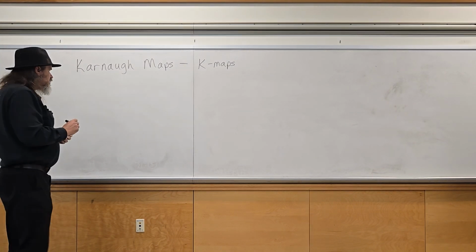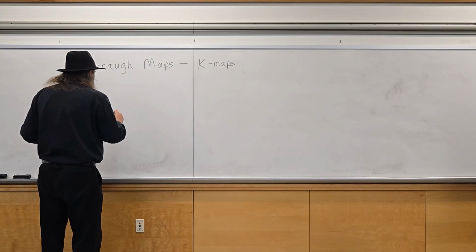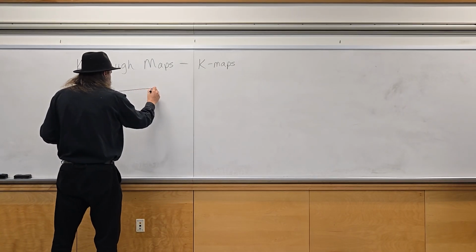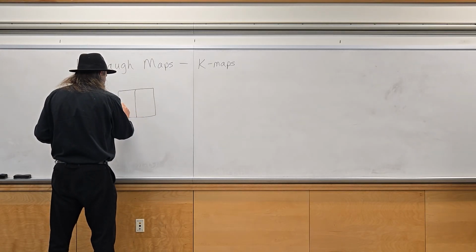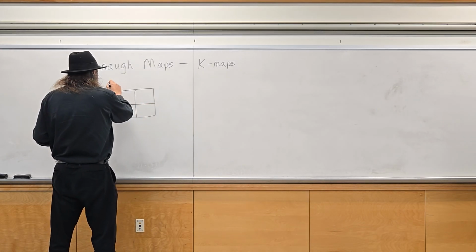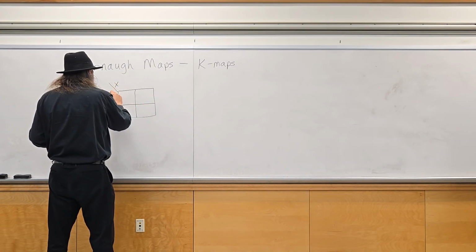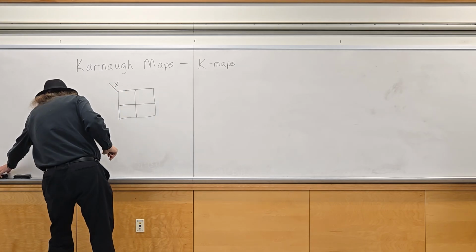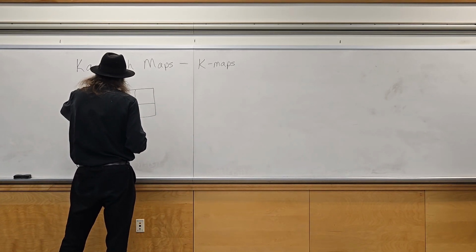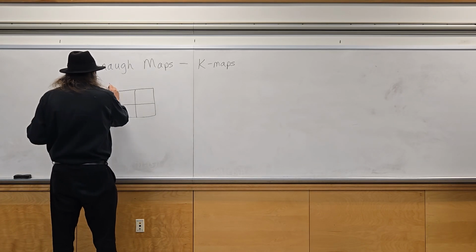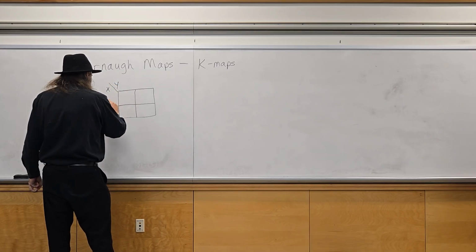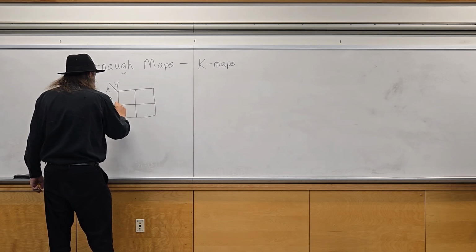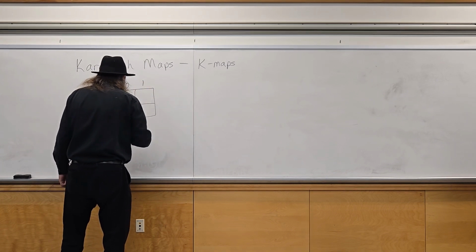A Carnot map, let's say here is a simple 2 by 2. X and Y, and you have 0, 1, 0, 1.